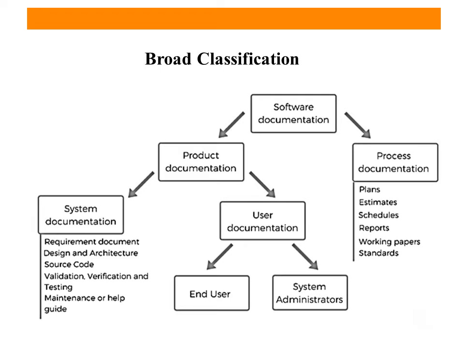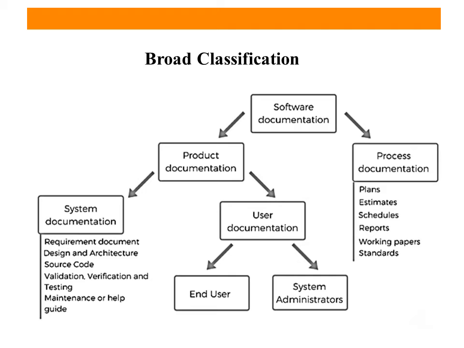If we classify software documentation, there are two major types: product documentation and process documentation. Product documentation is further divided into two parts. Number one is system documentation, which covers requirement documentation.